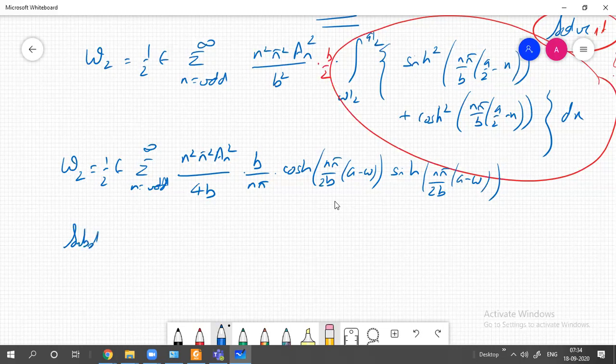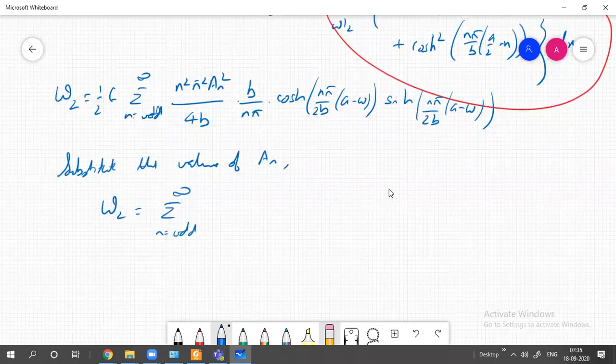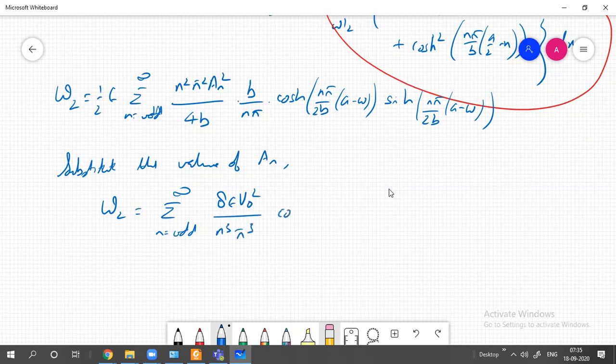Your W2 will become, n equals odd to infinity, 8 epsilon V naught squared over n cubed pi cubed coth of n pi by 2b times (a minus w).